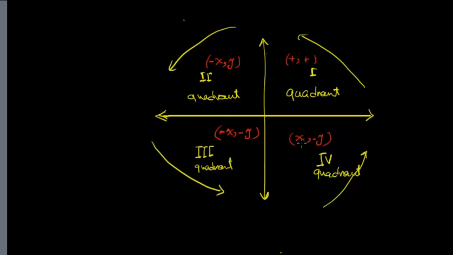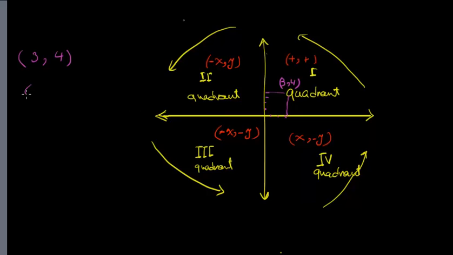So let's show it with numbers. Let's say we have 3 and 4. That means we move 1, 2, 3 to the right for x, and we move 4 units, 1, 2, 3, 4 upward. So we have our 3 and 4 at this point.